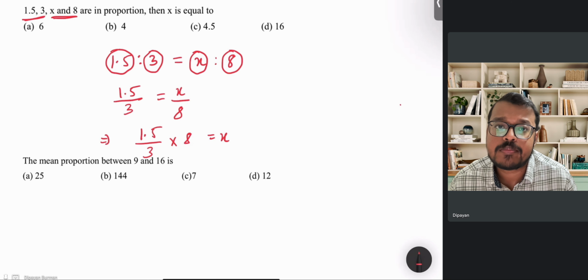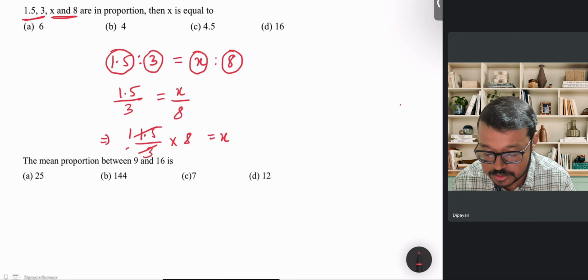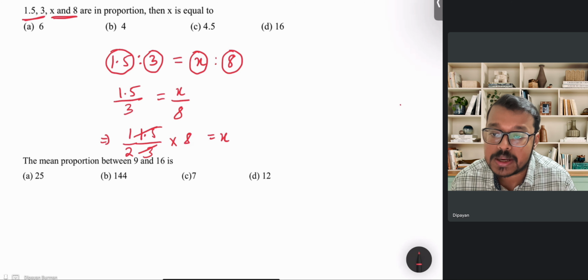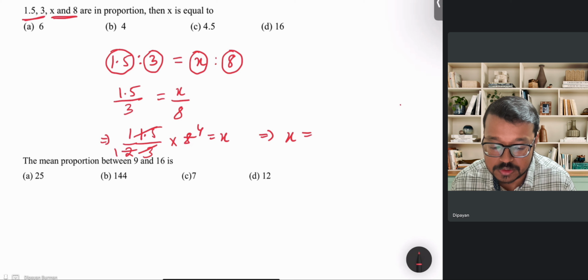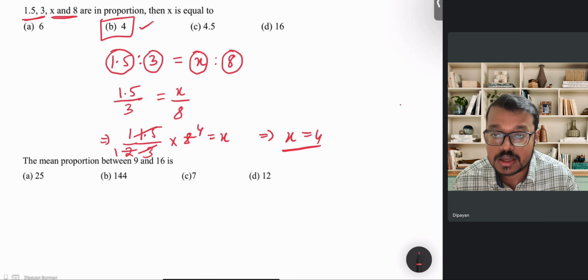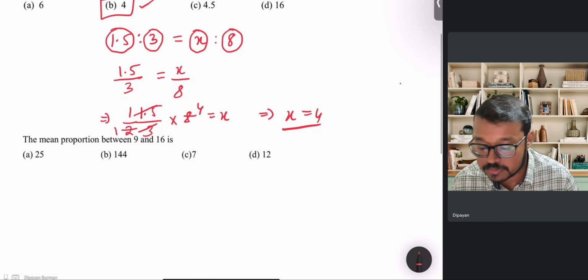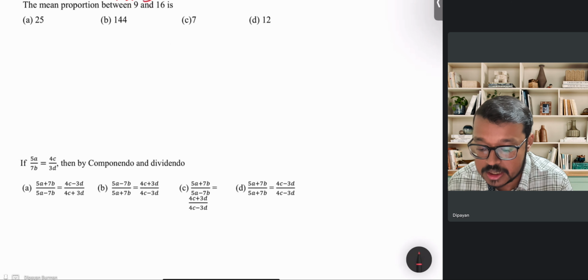Now 1.5 by 3 is the same as 1 by 2, since the double of 1.5 is 3. So this is 1 by 2 and 8 by 2 is 4. So we will get x equal to 4. Option B is correct.